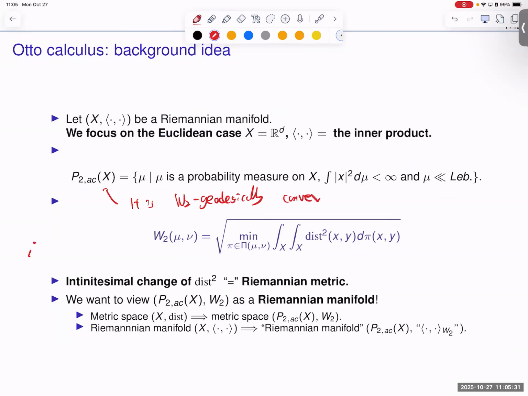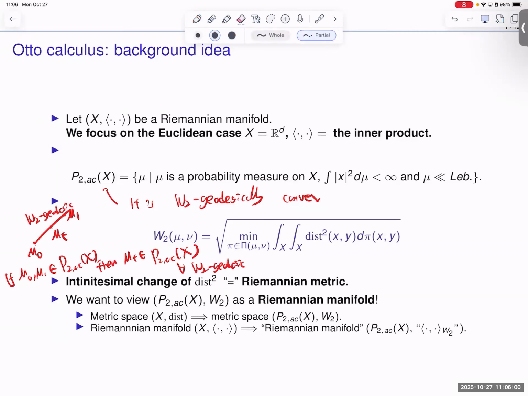Namely, if you have any two measures mu0 and mu1 in P2AC(X) and you connect them by a geodesic, then mu_t is also in P2AC(X) for all t along the W2 geodesic. Such a space is the main kind of space we consider today.